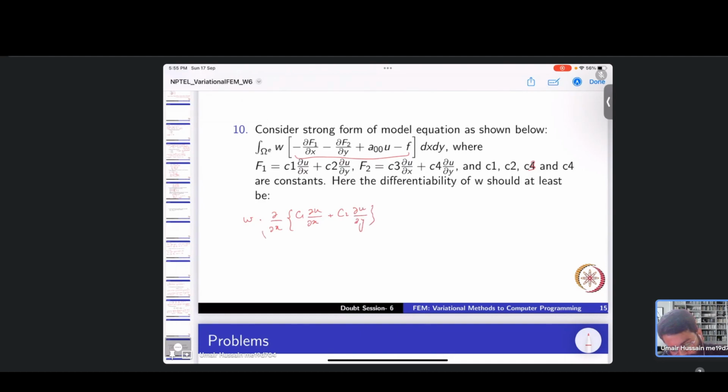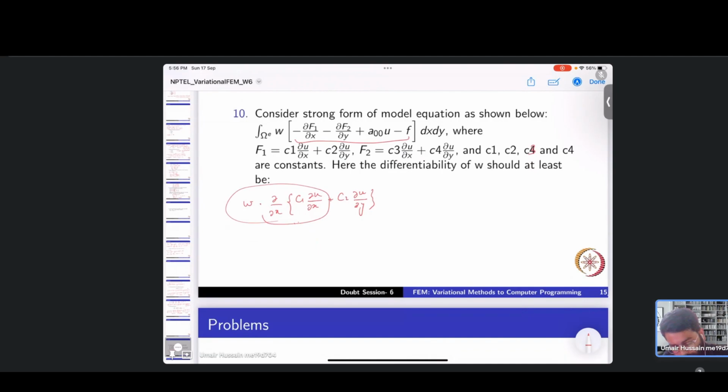We just take this term alone. We'll need to transfer a differentiability onto w by applying integration by parts. So we'll ultimately get dou w by dou x times C1 times dou u by dou x.